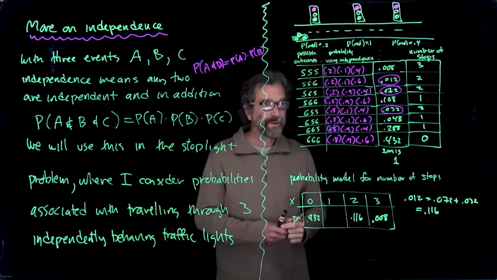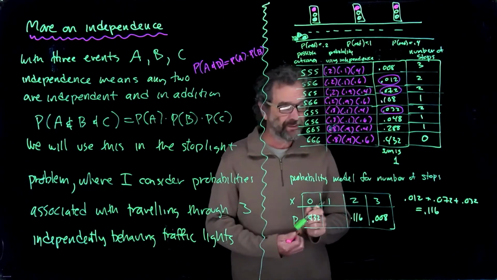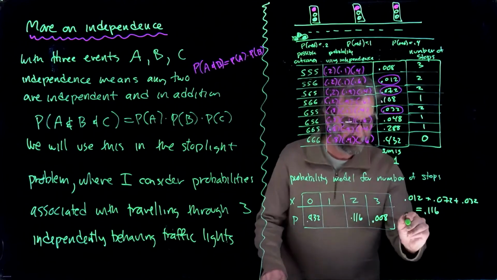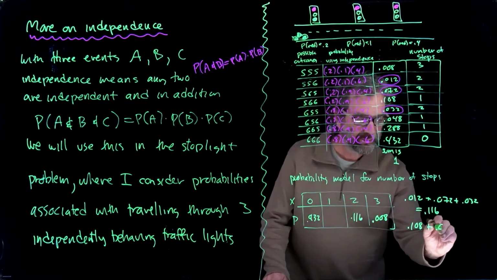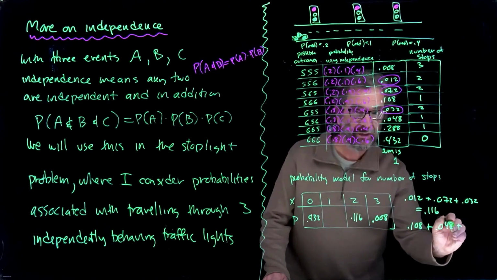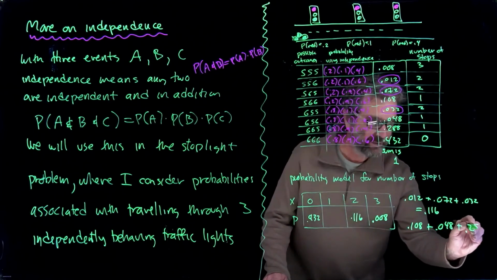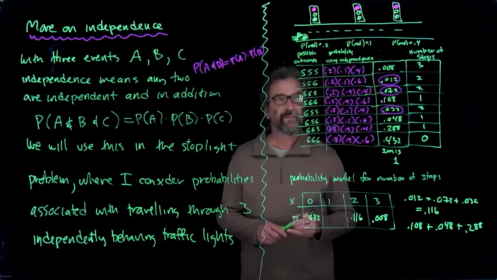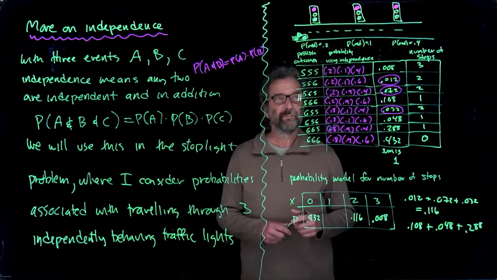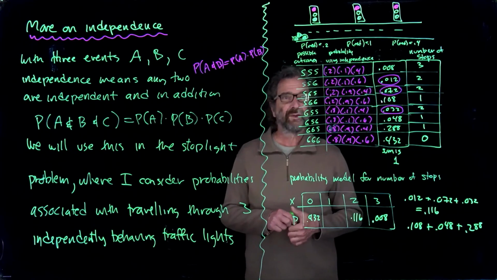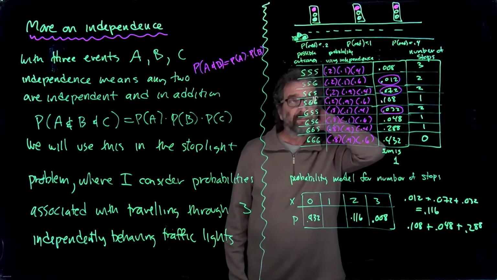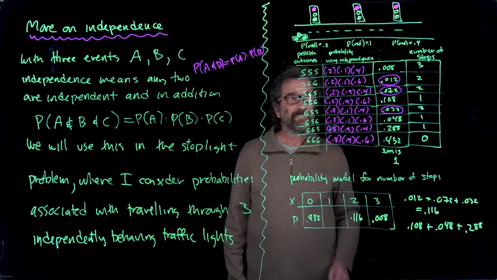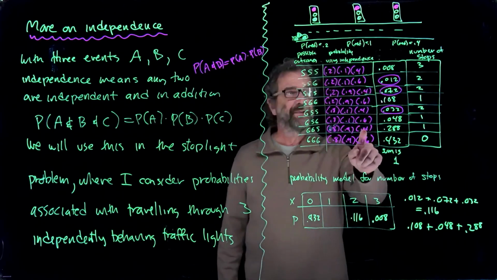And then we'll add up the probabilities associated with 1 stop. So that's 0.108 and 0.048 and the glorious 0.288. So 2 goes, which is likely to happen, and stopping, which is likely to happen too for that last light.